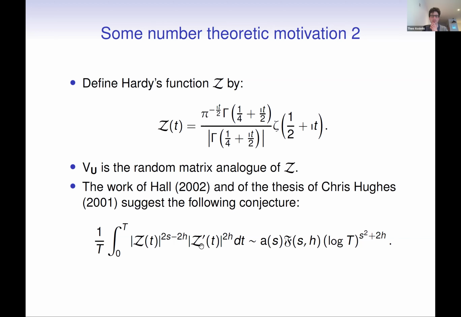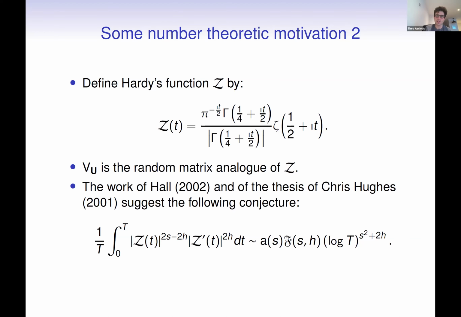And then the conjecture is that this should behave like log t to the power s squared plus 2h, which, if you recall, is the same power we had for N when we were looking at the joint moments: N to the s squared plus 2h. And then we again have the same arithmetic factor, and we have this random matrix factor here, which is the limit of the joint moments. So this is what they conjectured.